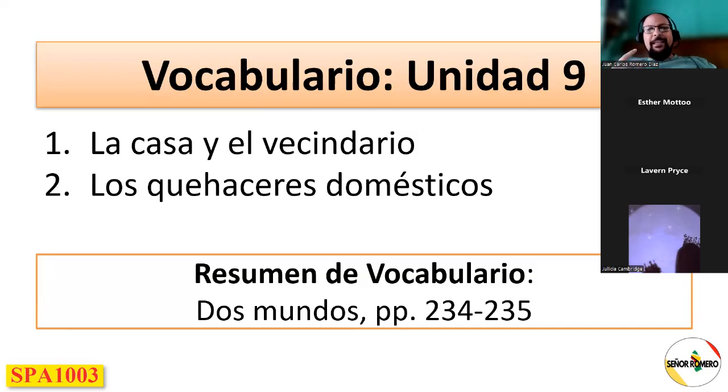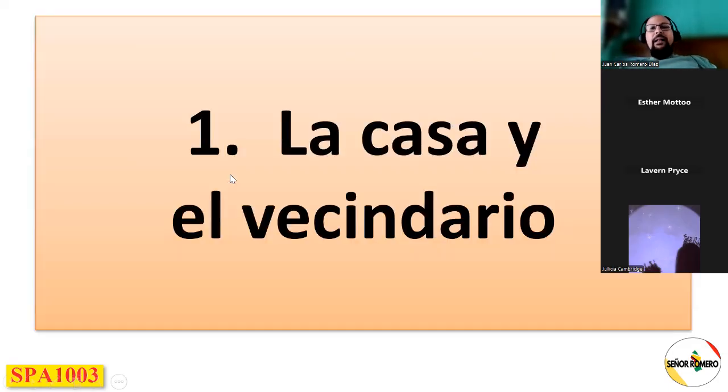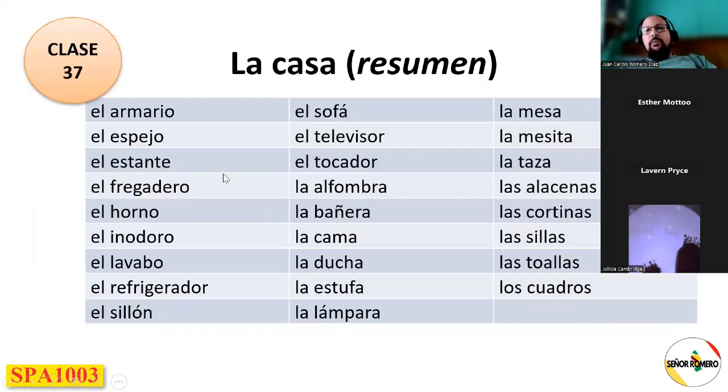Also, and point number 2 is a little bit hard to pronounce, it means household chores: quehaceres domésticos. Point number 1, la casa y el vecindario, the house and the neighborhood. Point number 2, los quehaceres domésticos.